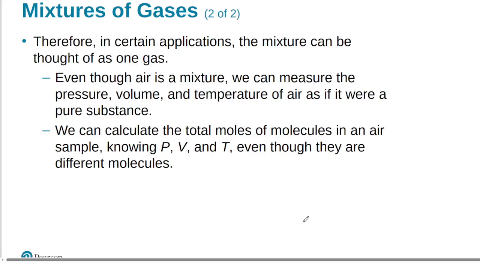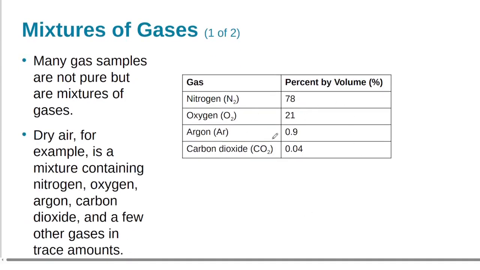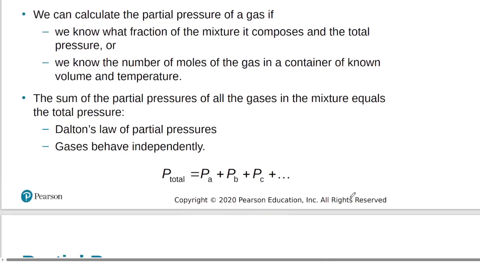So the total pressure of a gas mixture is going to be given by the partial pressure of each of the gases in that mixture. And that's going to be basically related to the percentage of that mixture. So we're going to see some equations where we can relate total pressure and partial pressures of gases. So let's look at what that means.